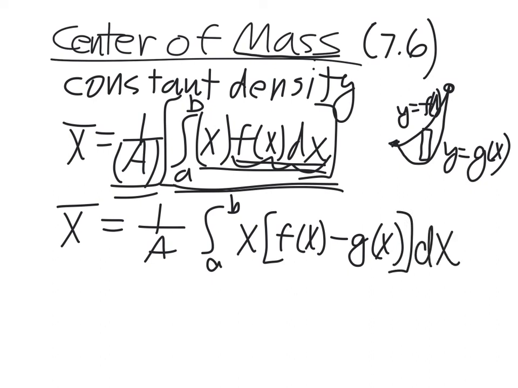This formula works for what we saw in the videos as well. g of x just turned out to be 0, being down at the x-axis. The big problem, though, is that y bar is a little bit more complicated than this, with a region between two curves.